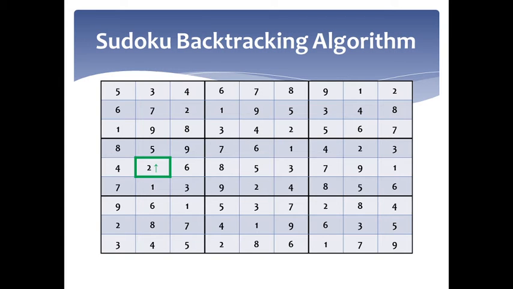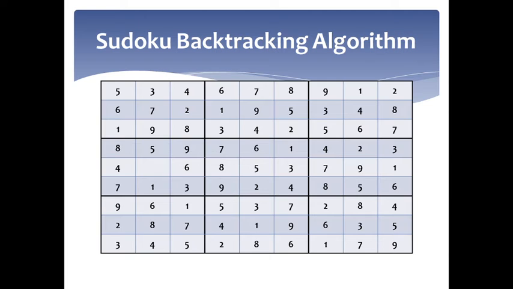So now, after evaluating the Sudoku board, we go back to the previously updated cell, and then we continue with the remaining possible values to find an alternative solution. In our example, however, trying the remaining values from 3 to 9 actually doesn't satisfy the rules of the game, thus none of them is a solution.